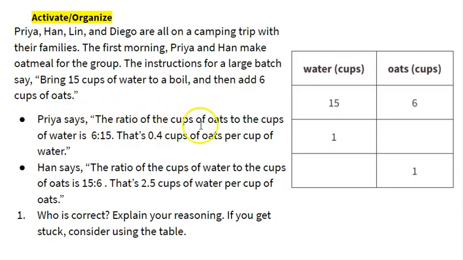Priya says the ratio of cups of oats to the cups of water is 6 to 15. That's 4/10 cup of oats per cup of water. Han says the ratio of cups of water to cups of oats is 15 to 6. That's 2.5 cups of water per cup of oats. Who's right?